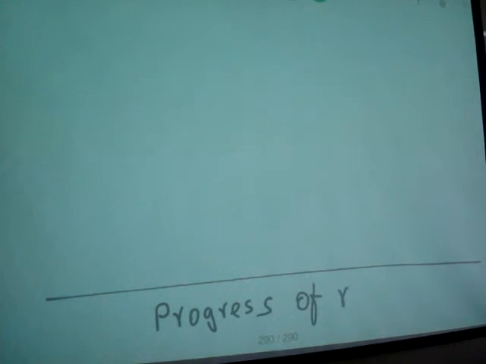Now, progress of reaction, and this is energy per mole.